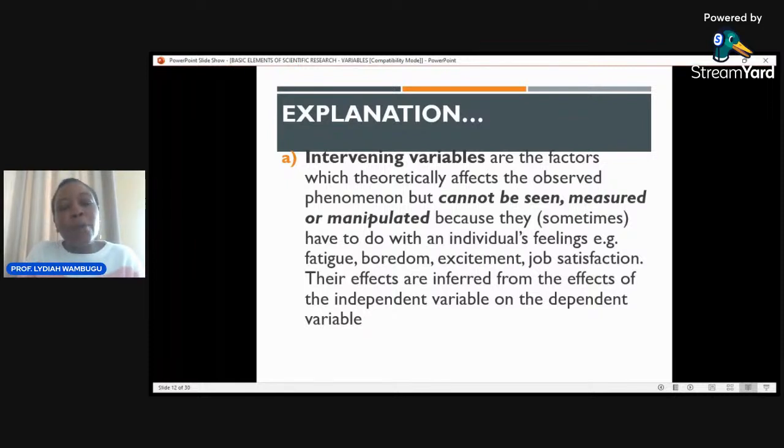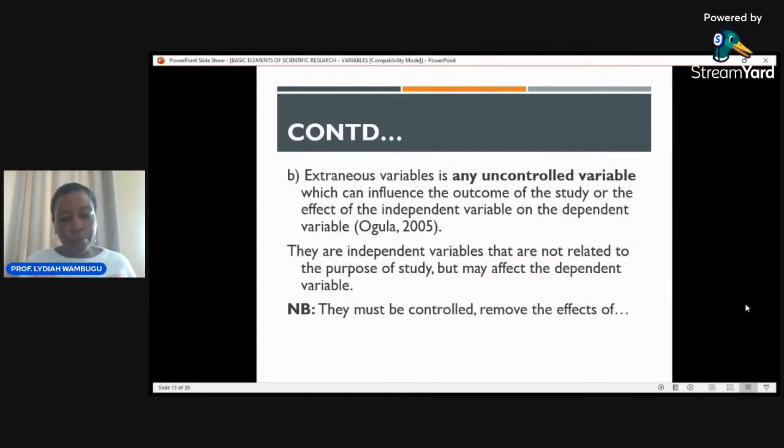You are working with what you have. Then it means that as I do my results, as I do my analysis, even my conceptual framework shows that type of school is an intervening variable. Then we come to extraneous. Extraneous. This one must be seen, must be controlled.